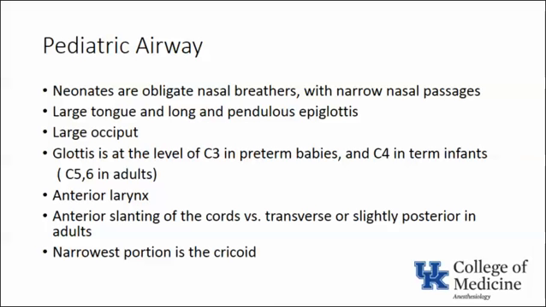The narrowest portion of the airway is the cricoid in a child up to the age of 10 years, and then in adults, the narrowest portion is the glottic opening itself. So if you can put an endotracheal tube through a glottic opening in a normal adult, that size should be good enough. But in an infant, just because you could introduce a larger endotracheal tube through the glottic opening does not mean that's the right size for that infant.